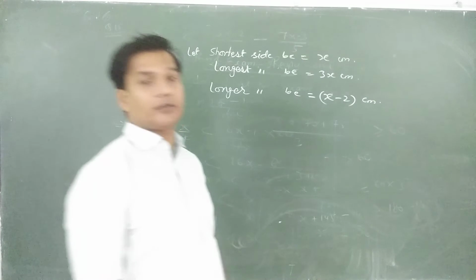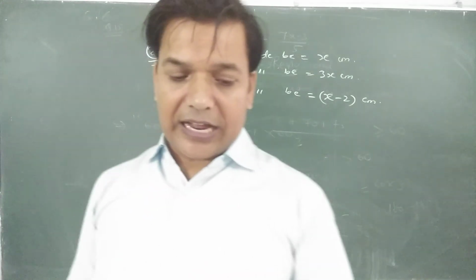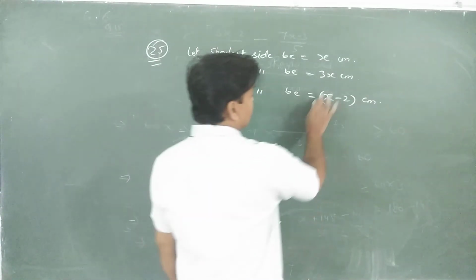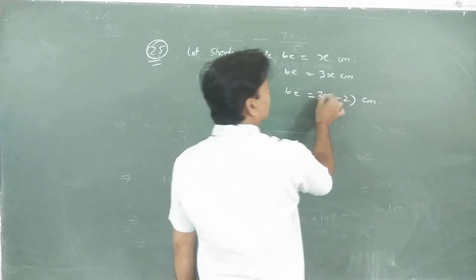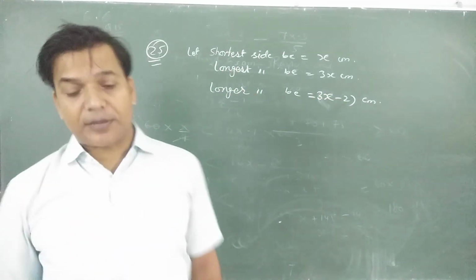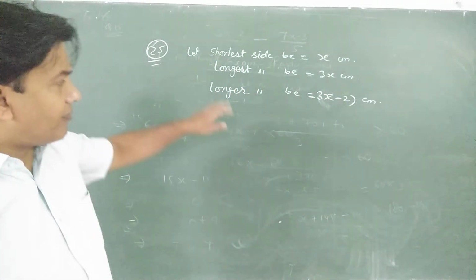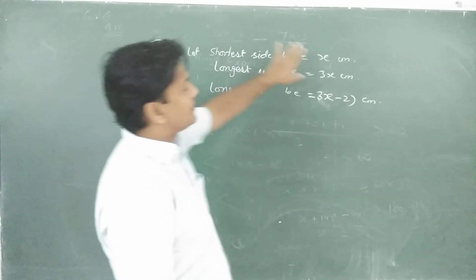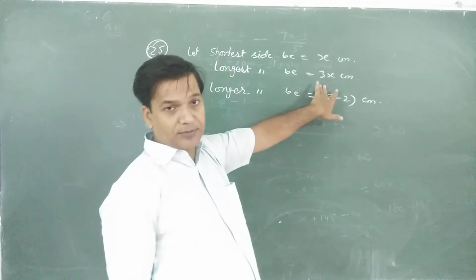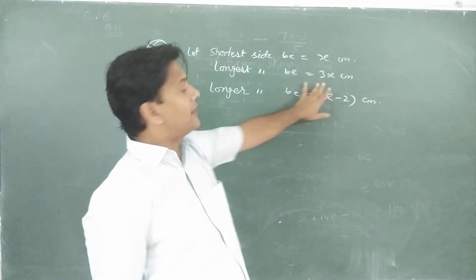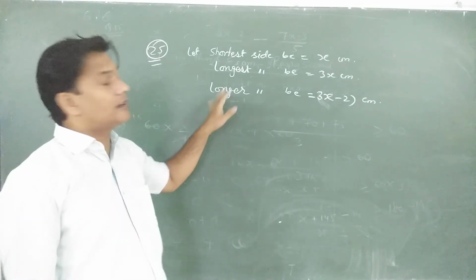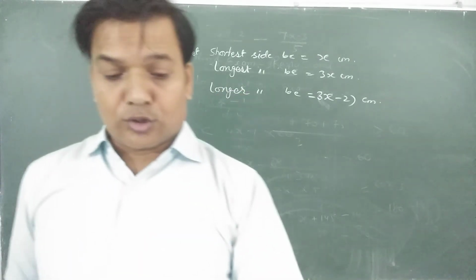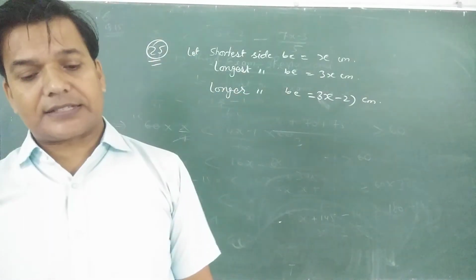If we take the shortest side x, the longest is 3 times of this one, which means 3x, and the middle side is 2 less than the longest side.